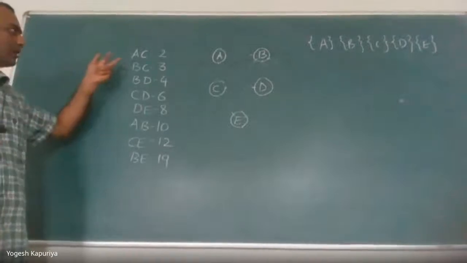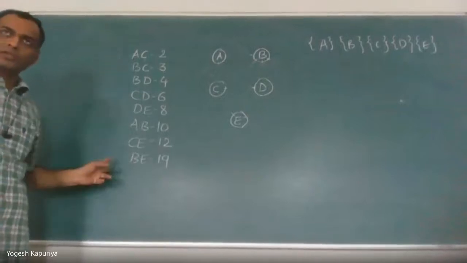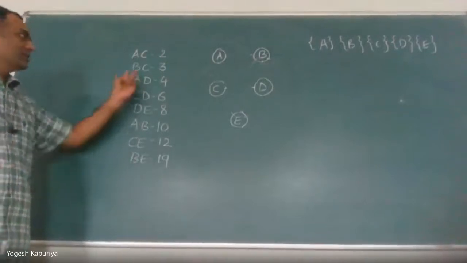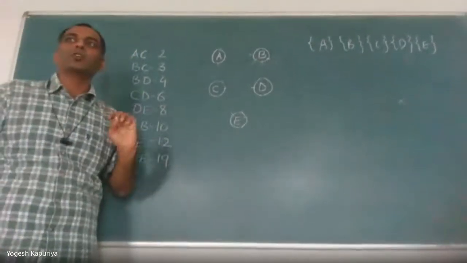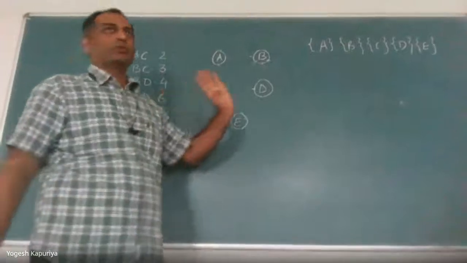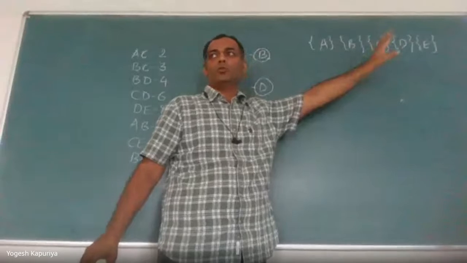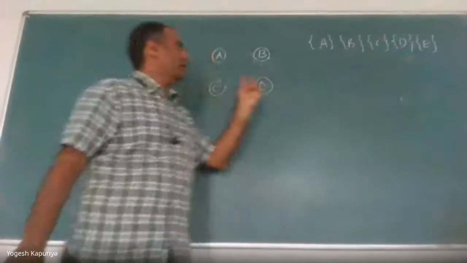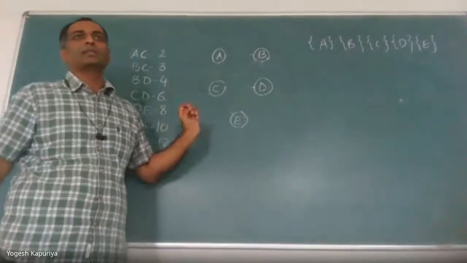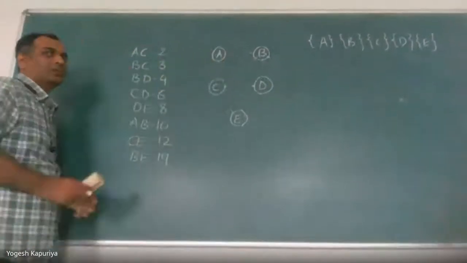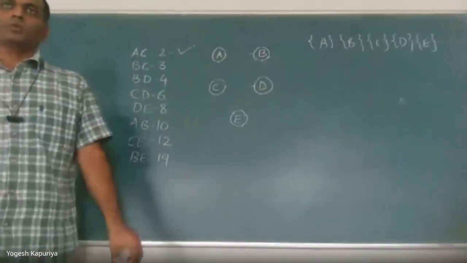Step number 3, now traverse through every edge. So you will simply run a for loop on the edges in sorted order. So the first edge is AC. Check whether they belong to the same set or not. Do they belong to the same set? No. How can you get it visually? Are A and C connected? No. So that means this edge can become part of my minimum spanning tree as per Kruskal's approach.